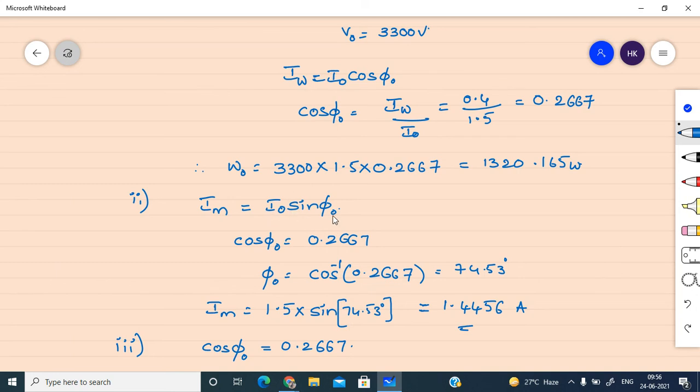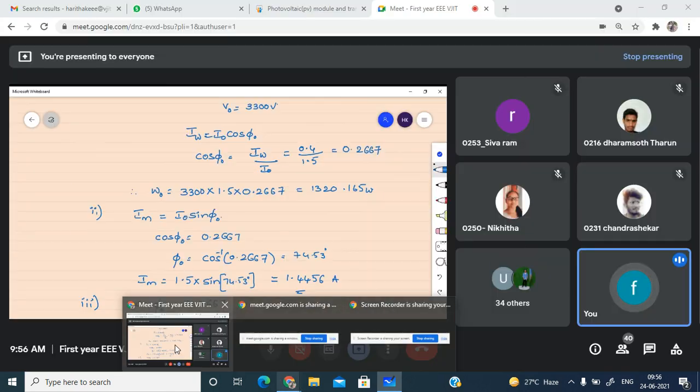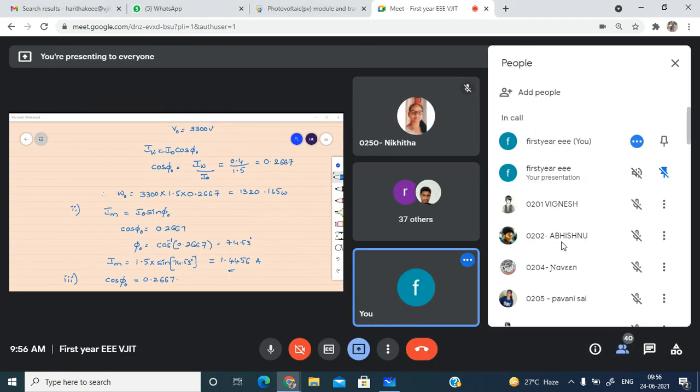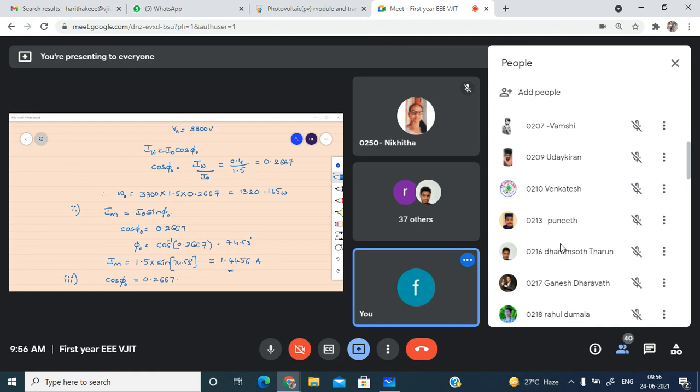If you know the formulas for IM, IW and W naught, this is very easy. Otherwise, it will be very difficult. These problems have a chance to come in the external exam. All of you understand the problem?